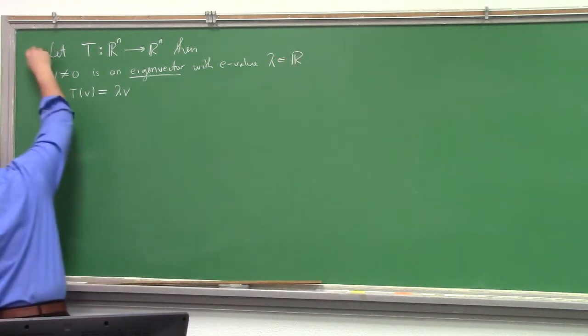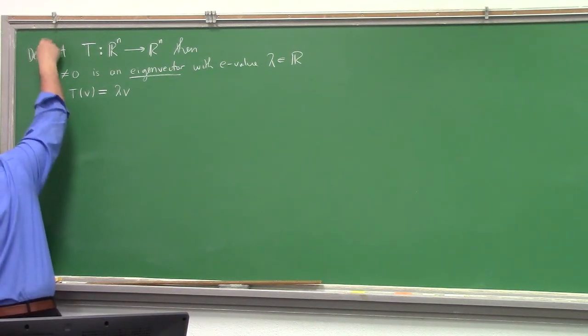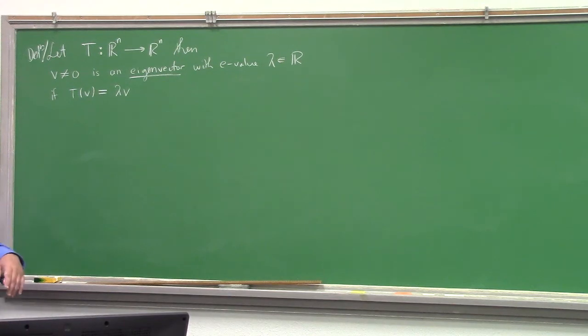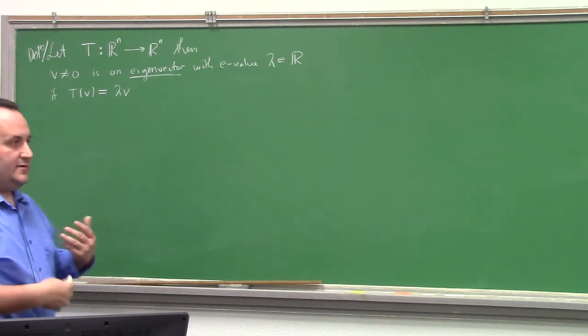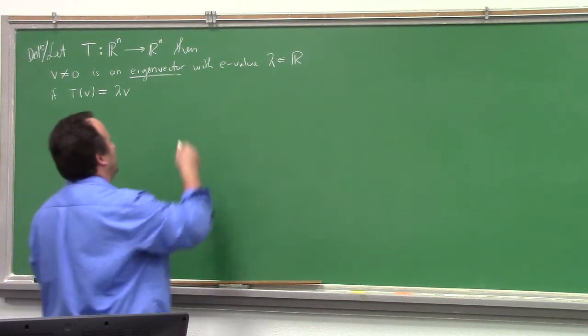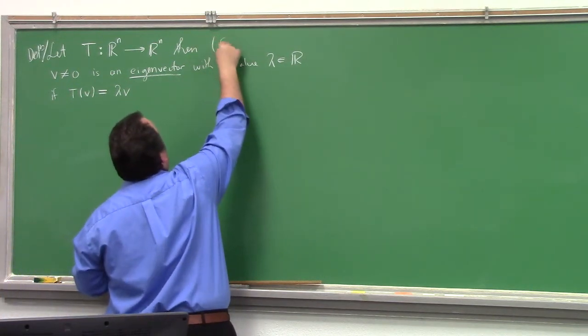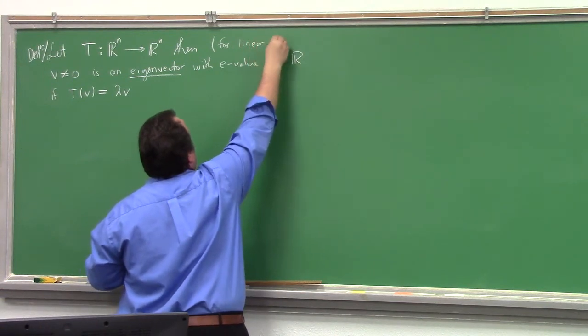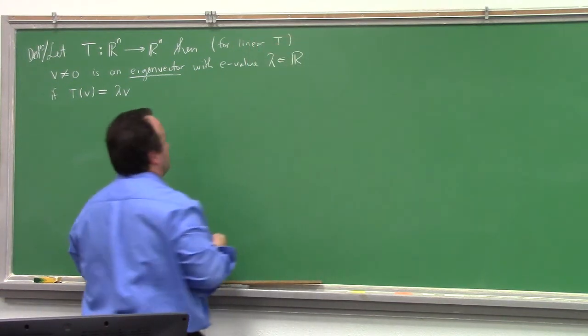So these are definitions. What I've defined at the moment is eigenvector. V is the eigenvector. Lambda is the eigenvalue. This is all done with respect to a linear transformation T. I guess I should have told you T is a linear transformation. Oops. All right.